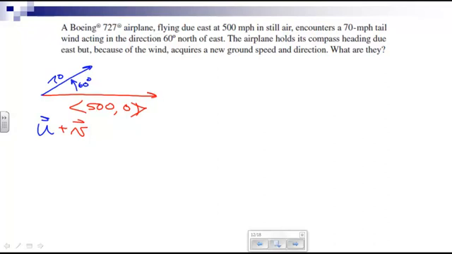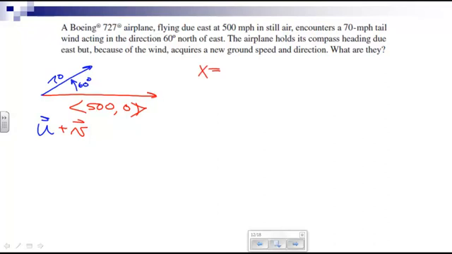All right. Well, it would be easiest to add these two vectors together if they were both in component form. So can we switch the blue vector from being a magnitude of 70 with 60 degrees off the positive x into component form? What was that formula we had a second ago?